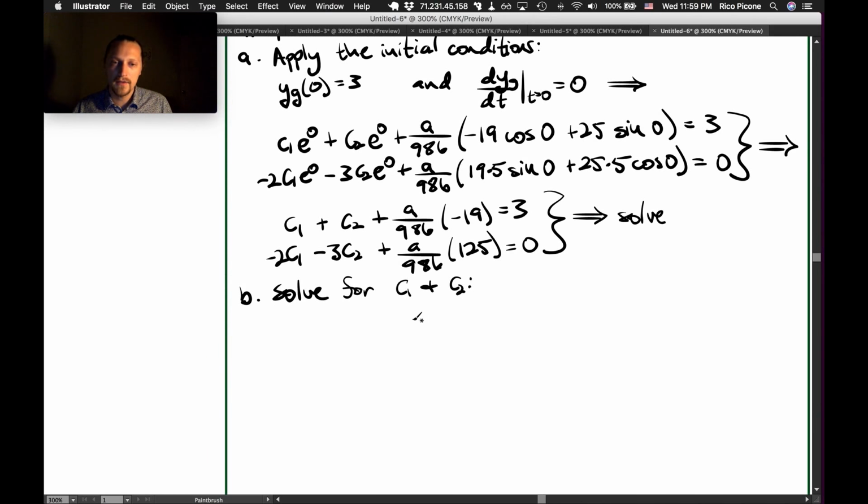I got C1 equals negative 2A over 29 plus 9. And C2 equals 3A over 34 minus 6.